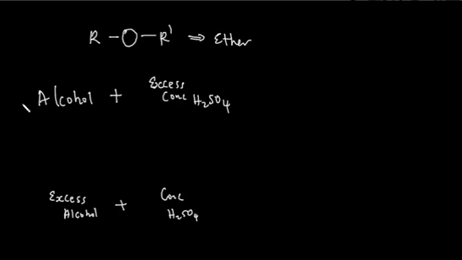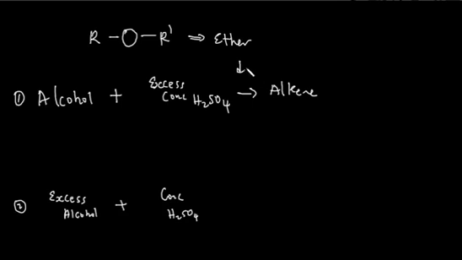Notice that in the first reaction, who is excess? But in the second reaction, who is excess? Alcohol. It's still alcohol and H2SO4, but this excess has changed the reaction. If H2SO4 is excess, what you produce is alkene.